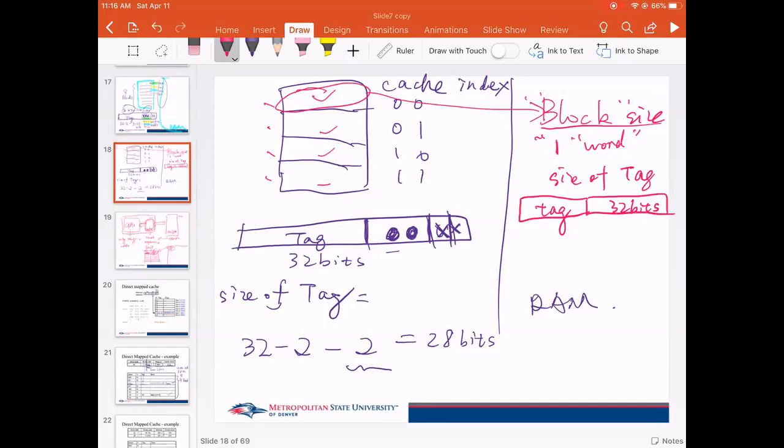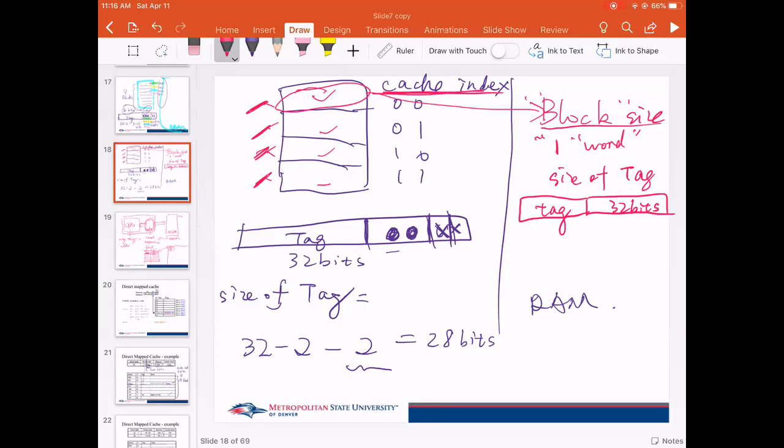Suppose I have 4 words and 4 blocks inside the cache. I will have to indicate this is the first cache block, second cache block, third cache block, fourth cache block. So I will have a cache index.